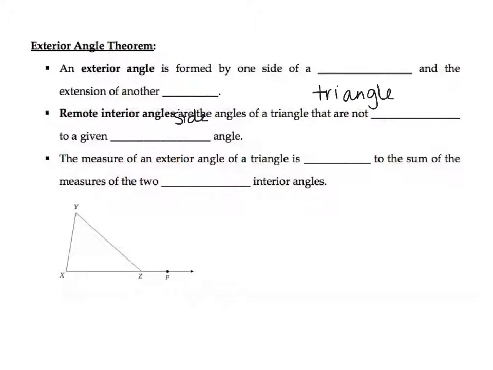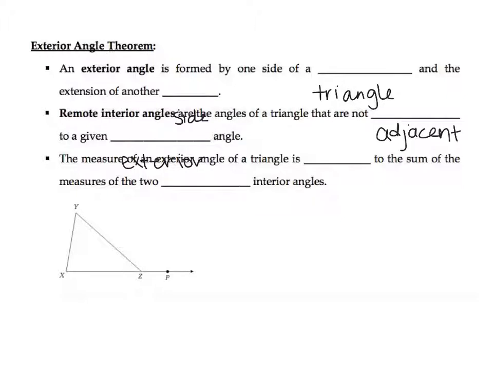Remote interior angles are the angles of a triangle that are not adjacent to a given exterior angle. So if my exterior angle is YZP, the interior angles that aren't next to it would be angle Y and angle X, since angle YZX is the adjacent one.